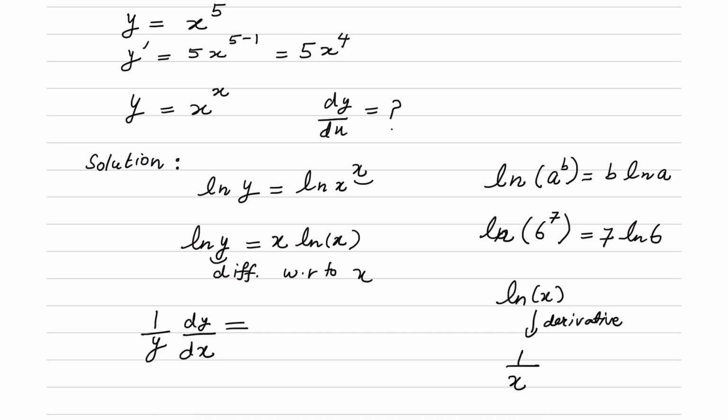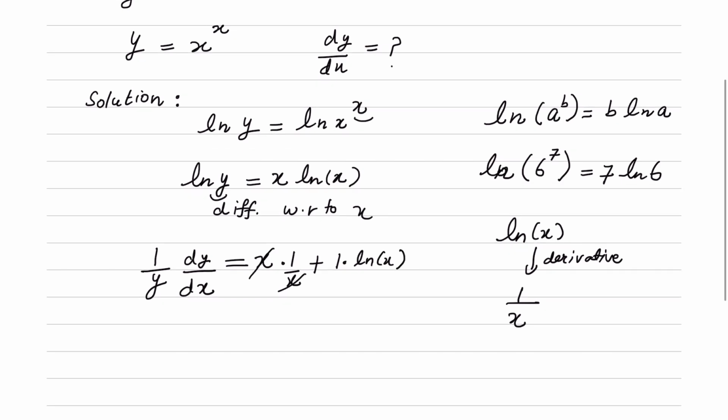Since x into ln x is the product of two terms, x and ln x, we will apply the product rule of the derivative. First term as it is, and the derivative of the second term, which is ln x, is 1 over x, plus the derivative of the first term, which is x, is 1, and the second term as it is. We can see that x cancels out with this x.